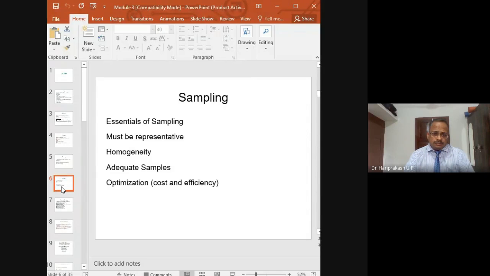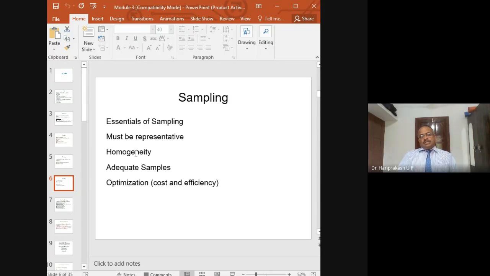Sampling. Some of the essential requirements of sampling: it must be a representative sample. Homogeneity: there should be homogeneity among the units, that is, all the characteristics of the population should be represented in the sample also.